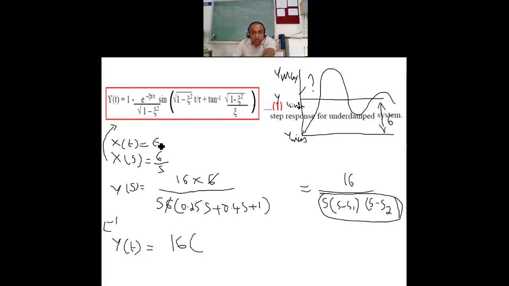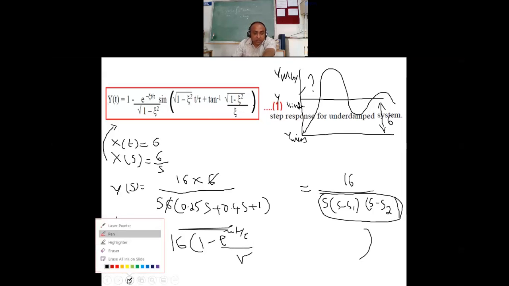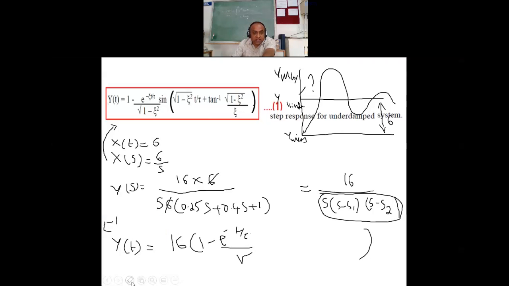Rest all, whatever is there in the box, you get. That is 1 minus e raised to minus xi t by tau. All this whatever is there, you get it here. So this is what you get in the denominator. If you just try to use that, this is what you get.